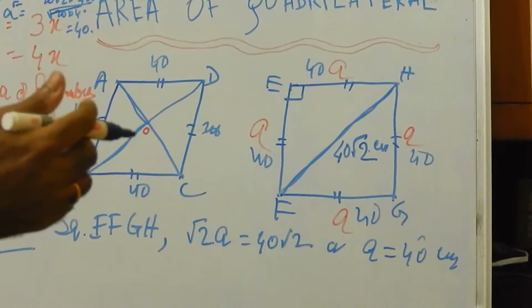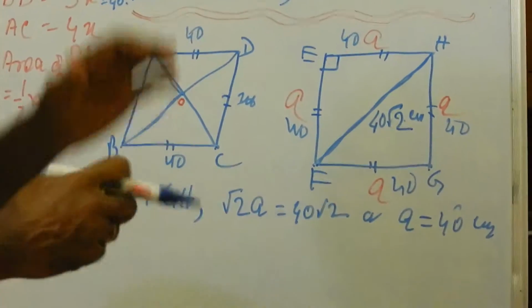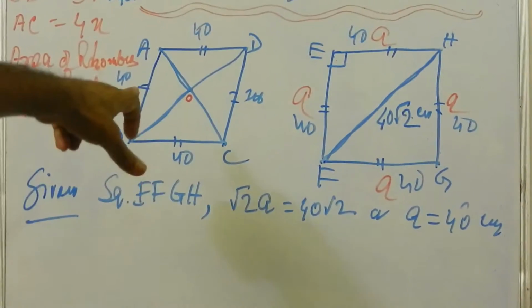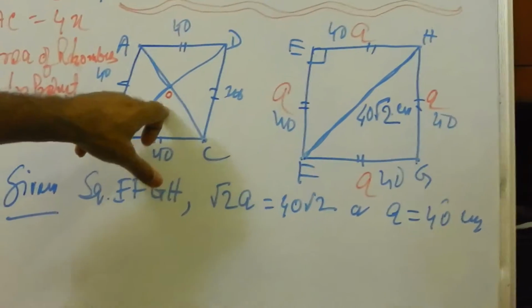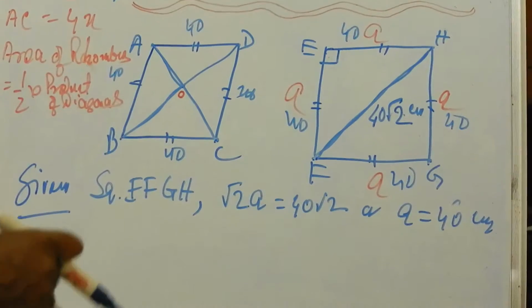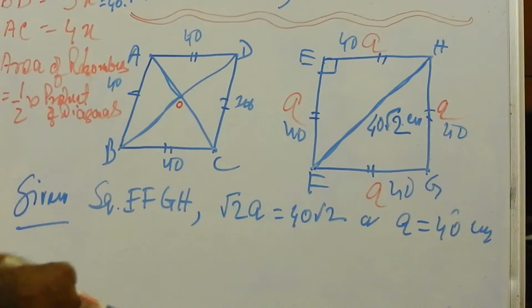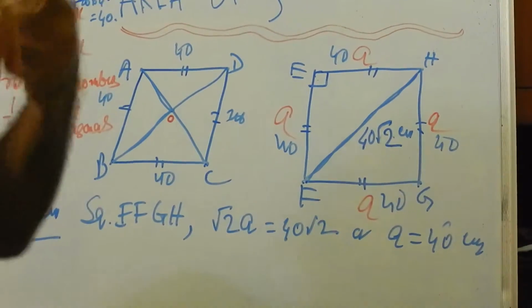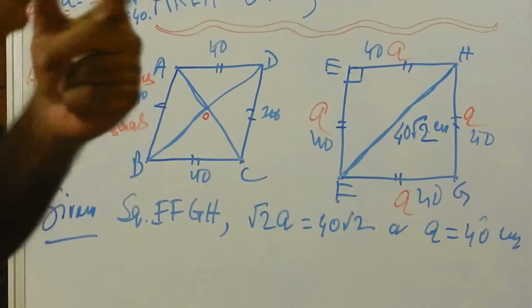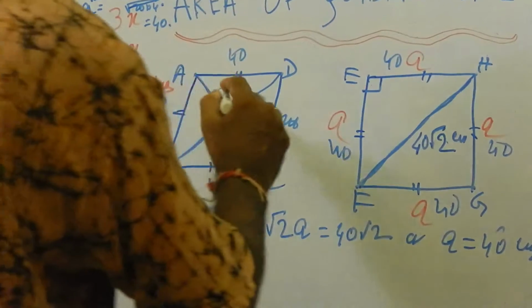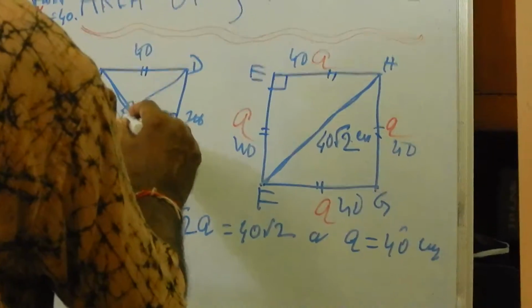The diagonals of a rhombus are always unequal and they bisect each other at right angle. It's a common thing. So this is right angle and bisect.